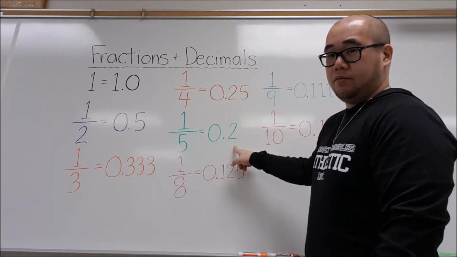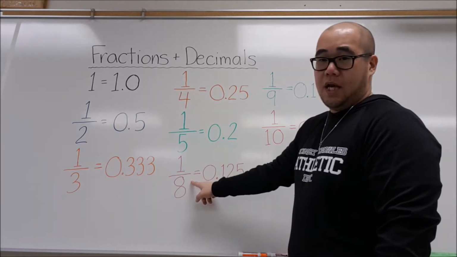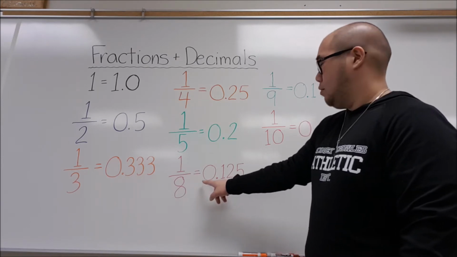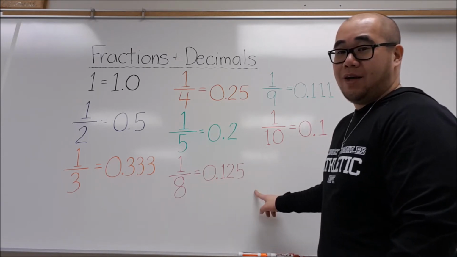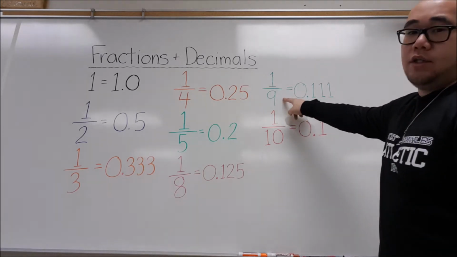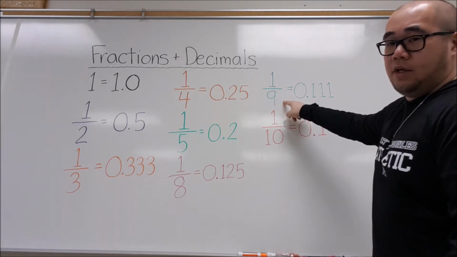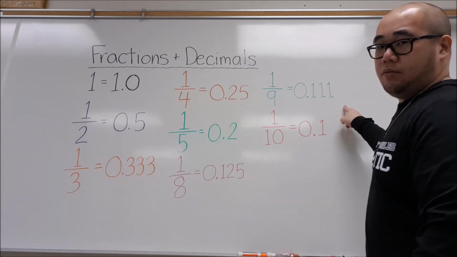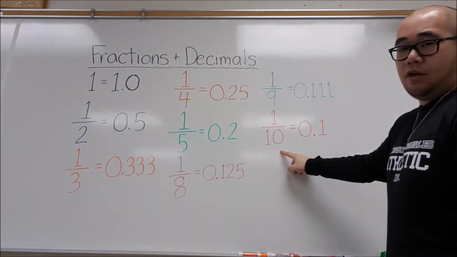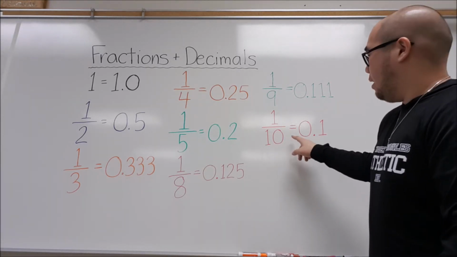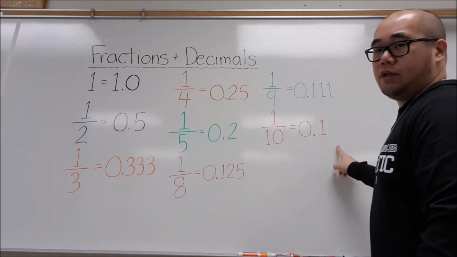Then 1/8, or 1 over 8, converts to 0.125. Then 1/9 converts to 0.111. And lastly, we have 1/10, or 1 over 10, and that converts to 0.1 as a decimal.